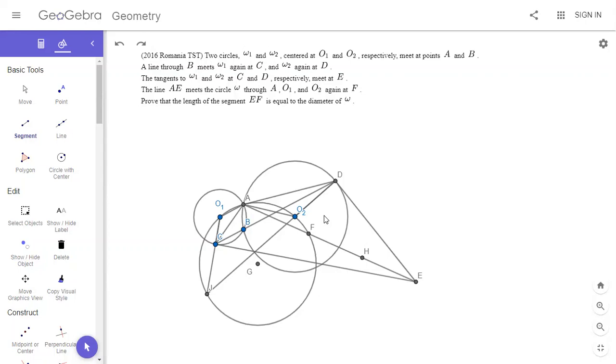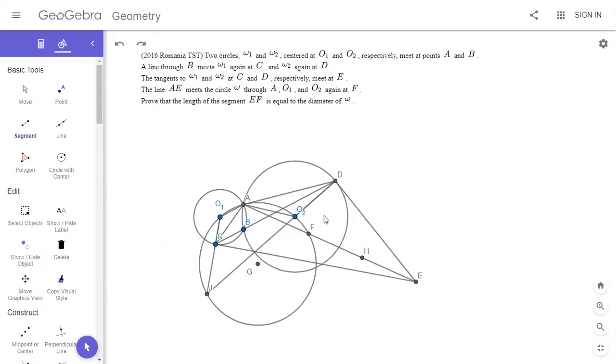Is it obvious that CO1F is 90 degrees? But for that, you have to prove O1F and CE parallel. I don't see an easy way to do that.